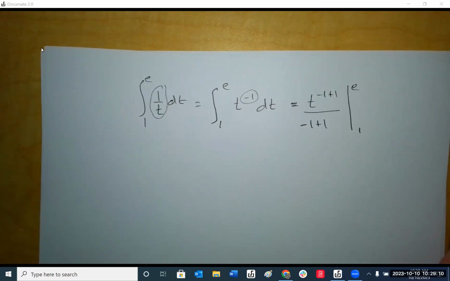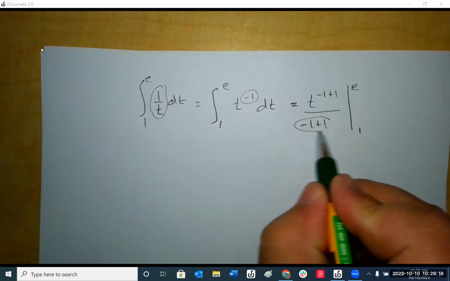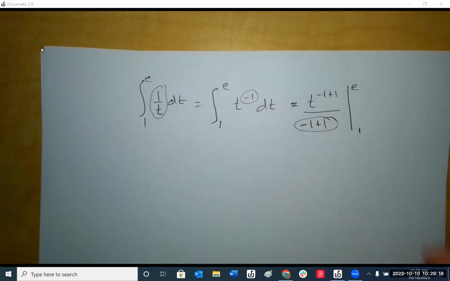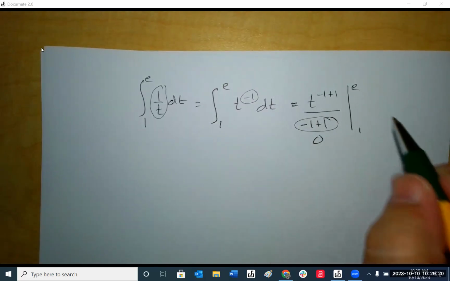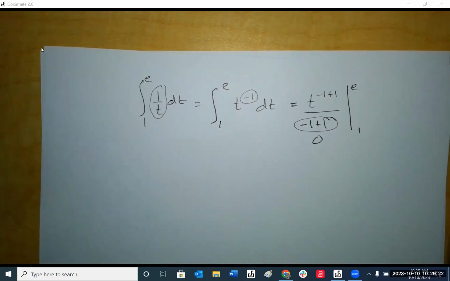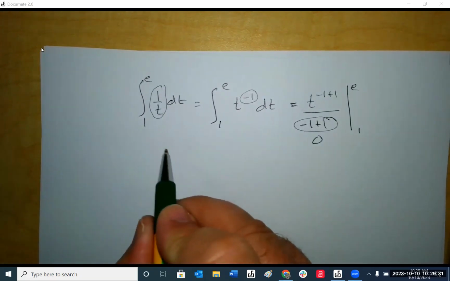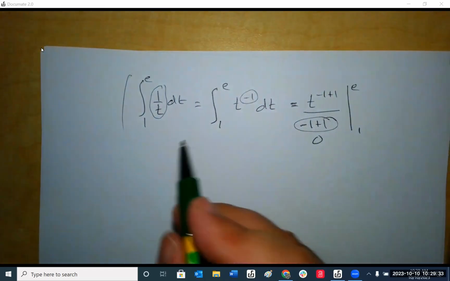You see why this is a problem? Because what happens on the bottom? We can't have that, and it's not 0 over 0 either. So it's a transcendental function.